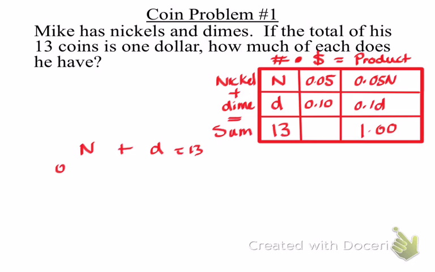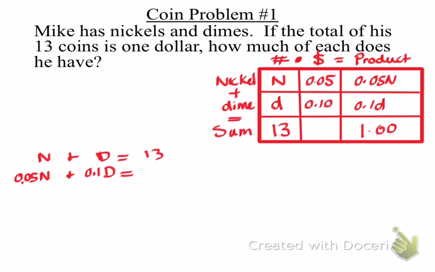So N plus D equals, what did we say, 13? And 5/100ths N plus 1/10 d, I really should use the little d, equals how much? $1? Can you make that 5N plus 10D equals 100? Why? Because it's easier to solve without decimals.